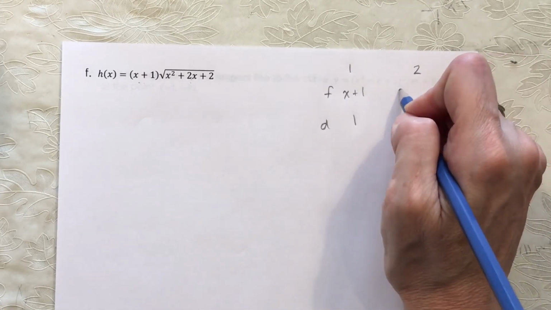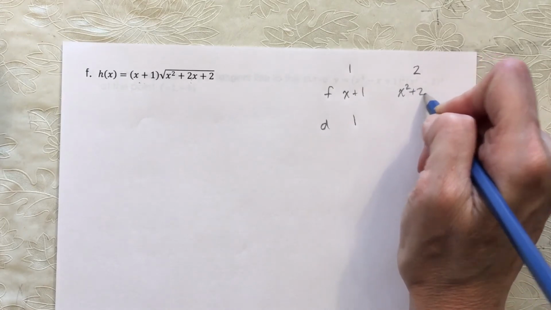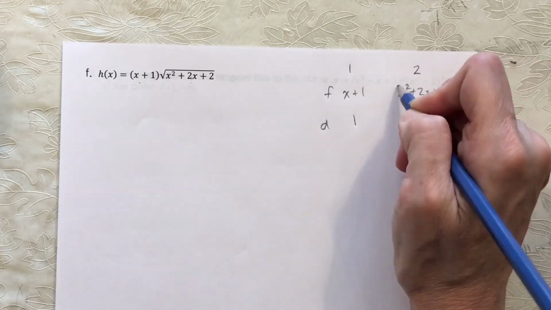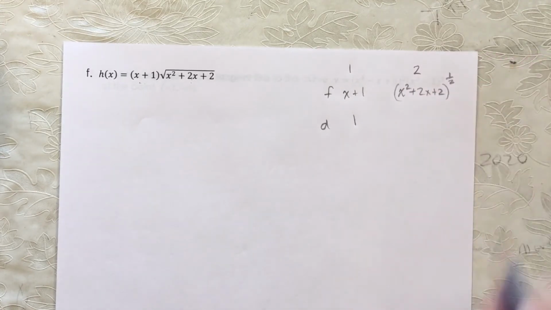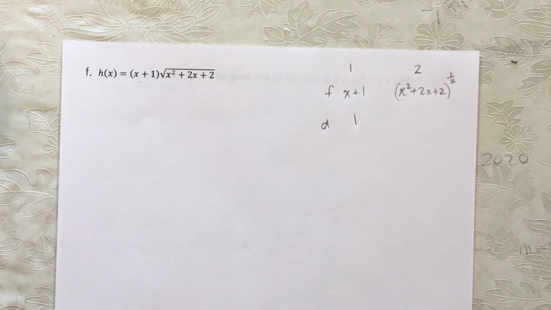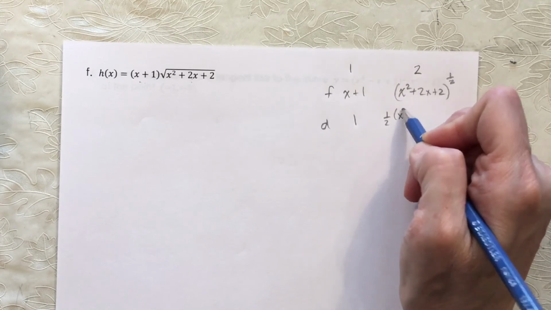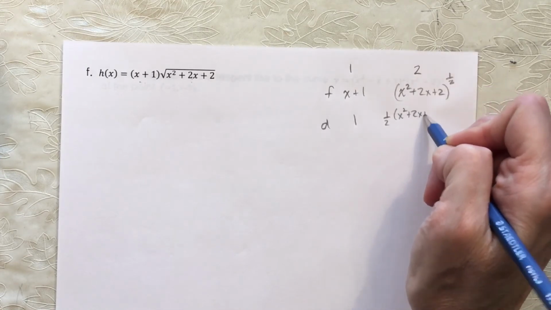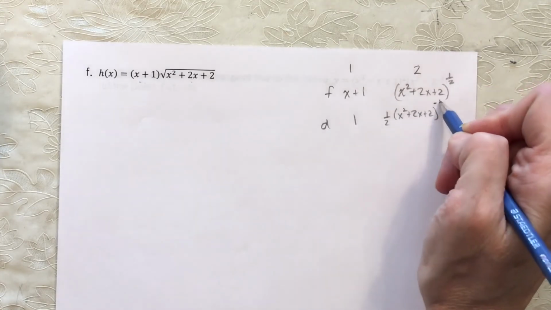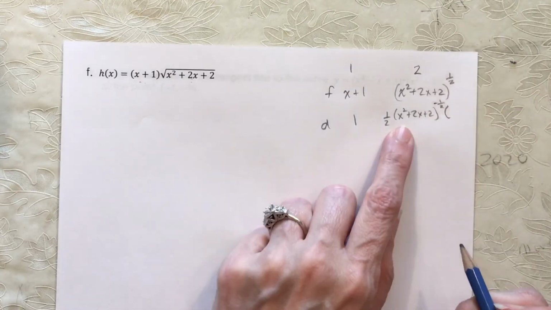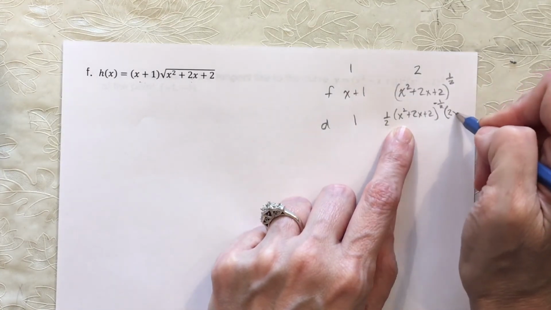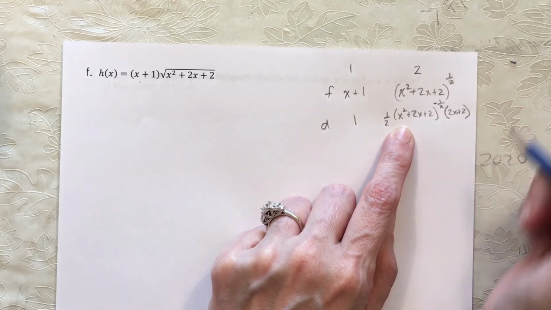The second is x squared plus 2x plus 2 to the half. So it's going to involve the chain rule to derive it. So it's going to be a half times x squared plus 2x plus 2 to the negative half times the inner derivative, which is 2x plus 2.